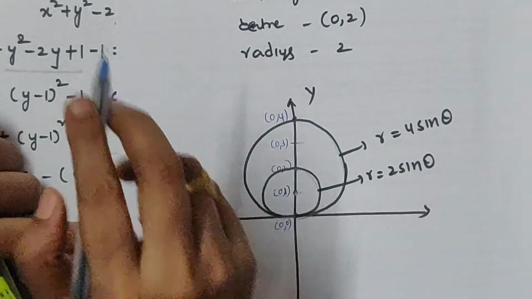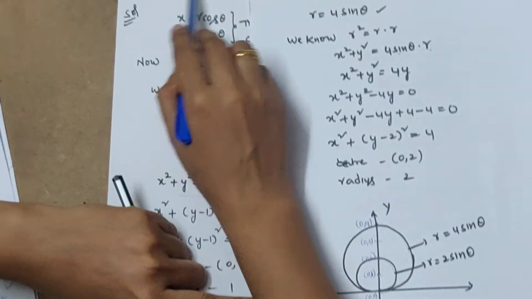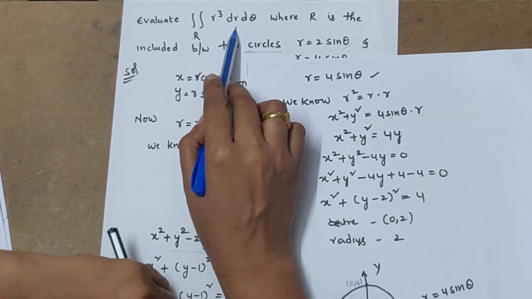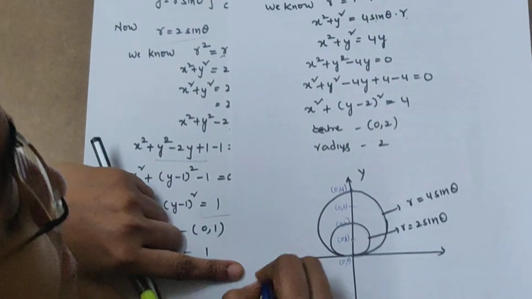In polar coordinates, we are identifying the region of integration to evaluate the polar integral. That means we have to identify the region of integration on the polar plane.